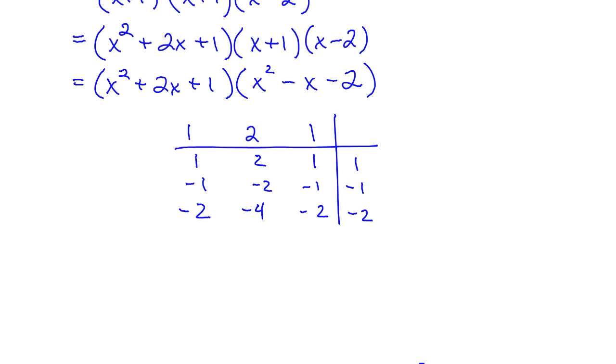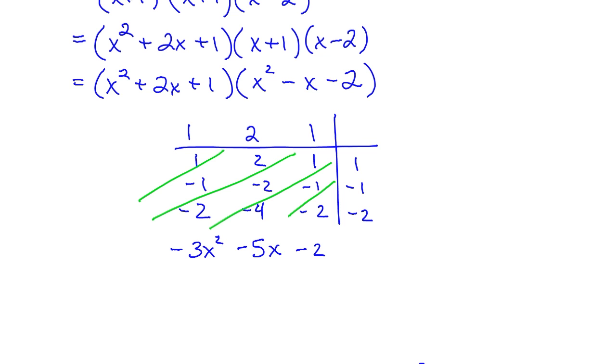And then draw the diagonals that separate the terms, and then write out the result. So we have negative 2, negative 5x, negative 3x squared, positive x cubed, and positive x to the fourth. So x to the fourth plus x cubed minus 3x squared minus 5x minus 2. Again, you can use any technique you want. I just find this quick and easy to do.